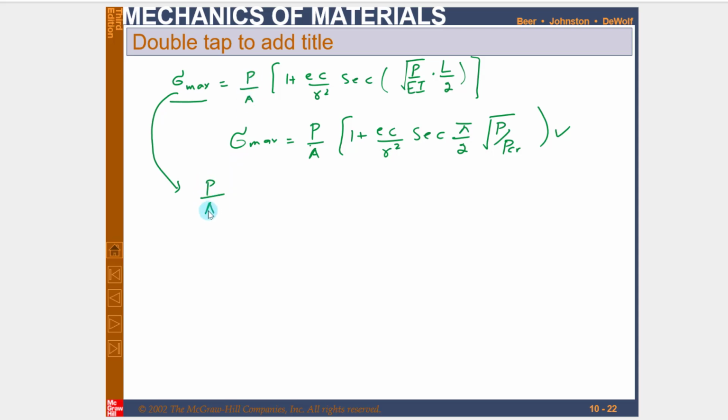So P by A is equal to sigma max divided by 1 plus E C over R square secant of the square root of P over E I into L by 2.